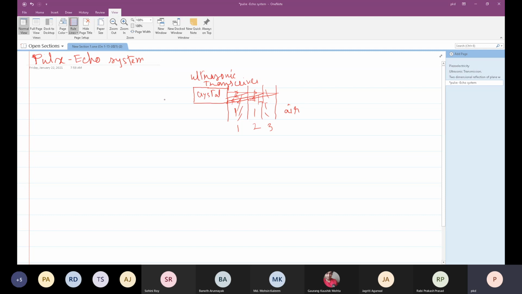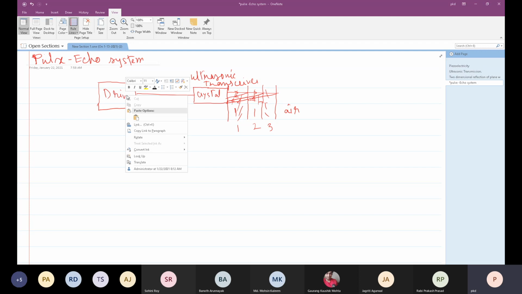So this is usually operated in pulse mode. The driver circuit is there.